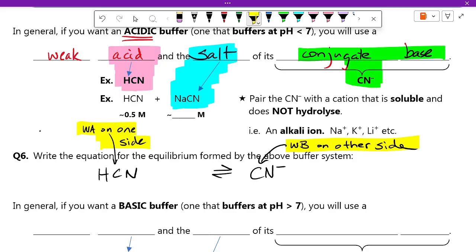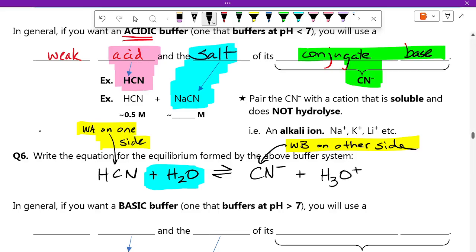So what else would go on the left-hand side? Water. Okay, so we want to have water. And then on the other side, what will we end up with? We have CN minus, hydronium, yes.